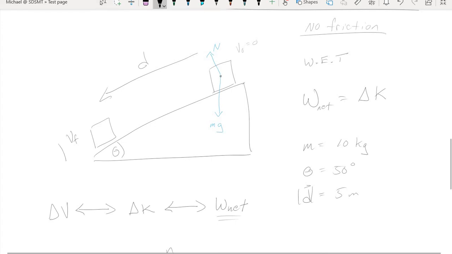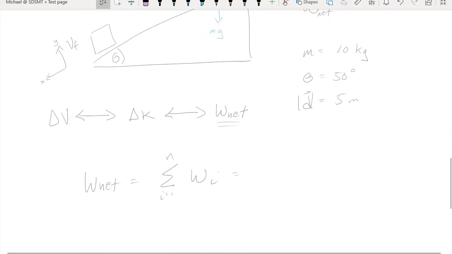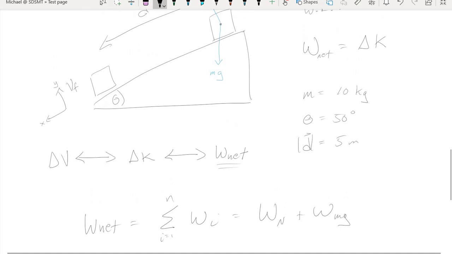And in previous problems that involved inclined planes, we usually had a reference frame that was set up on the incline itself. Now, again, we don't necessarily have to have a reference frame for this problem, and I'll show you why here in just a second. With only having those two forces, we only have these two work expressions that have to be evaluated.